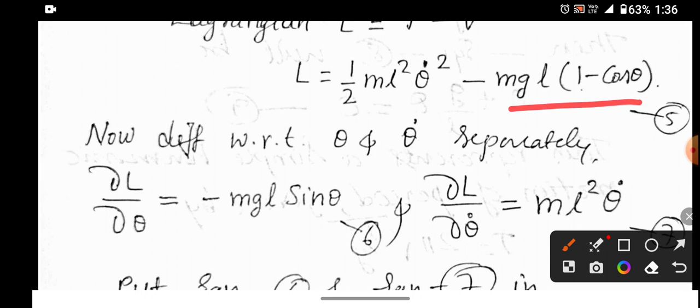This is the Lagrangian we got. This is the difference between kinetic energy and potential energy.